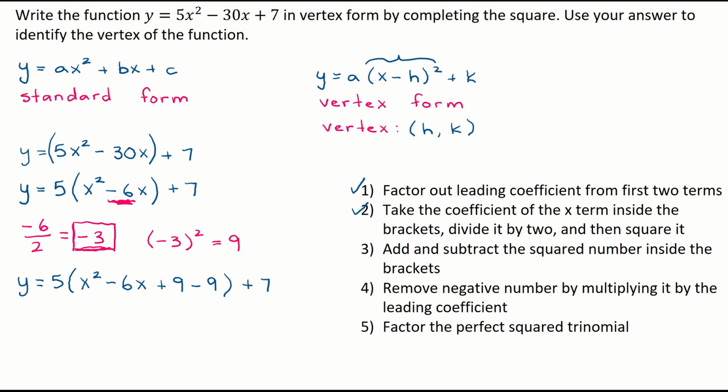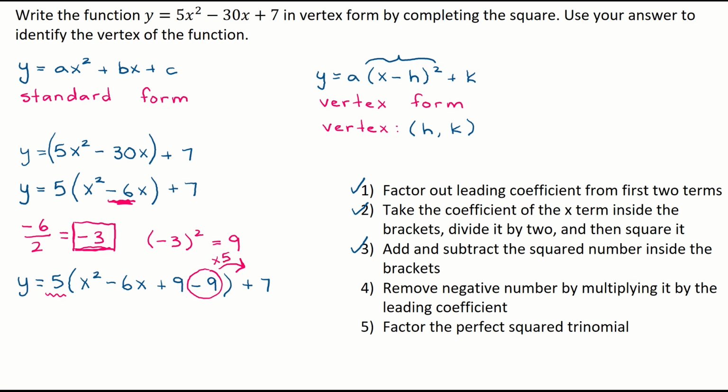Now we don't actually want that negative 9 inside the brackets, which brings us to step 4: remove the negative number by multiplying it by the leading coefficient. We want to take that 9 outside of the brackets, but in order to do that, we have to multiply it by 5. So we multiply the 9 by 5.